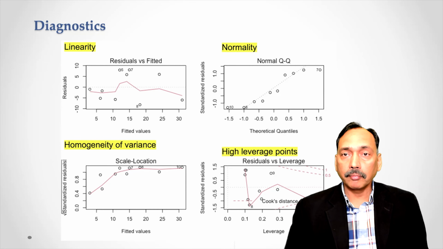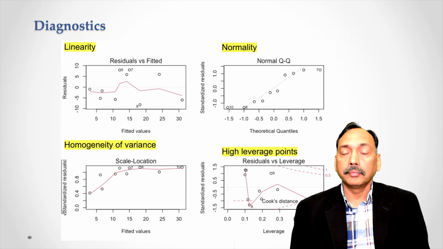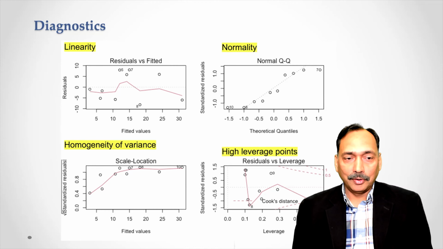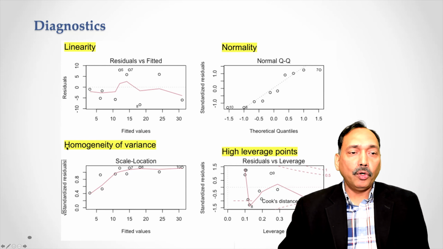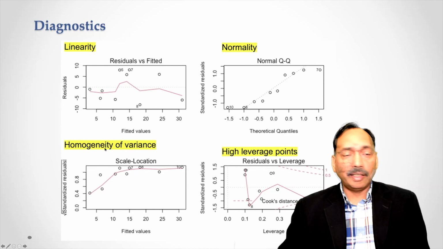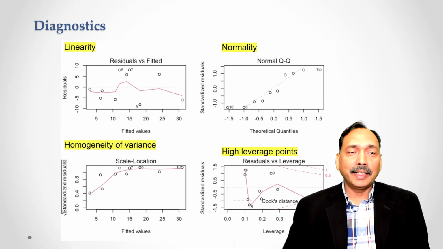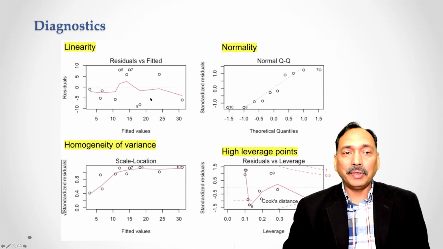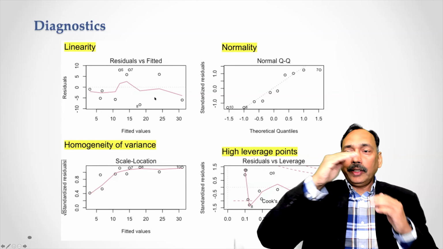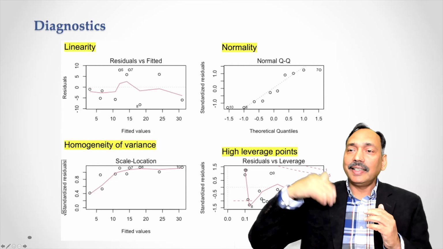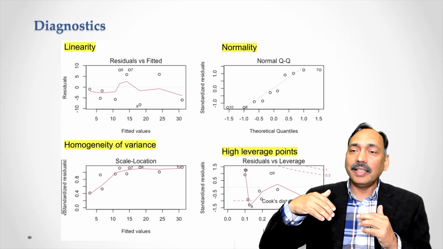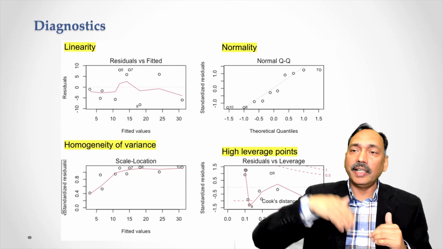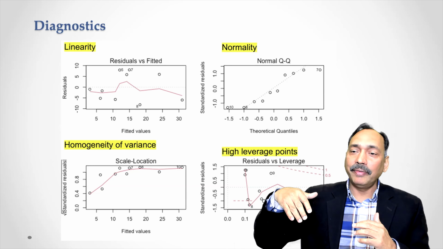Just a quick question, Professor Rai. Somebody's asking what is homogeneity, this one on the left-hand side. So homogeneity means uniformity. If you look at the first plot, for example, when you go from left to right and you see the data points are scattered evenly, that means homogeneity of variance. The variability is more or less not changing significantly.